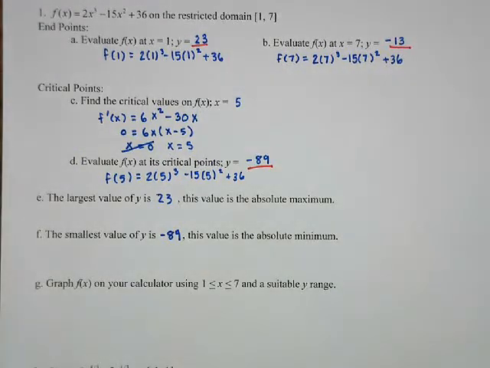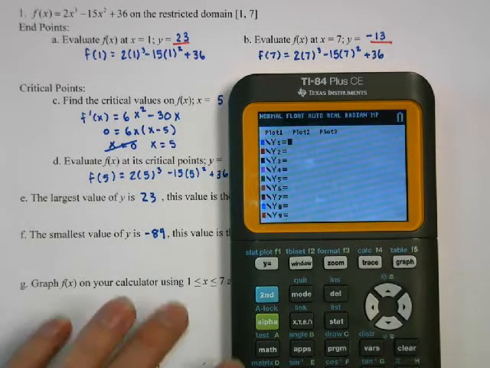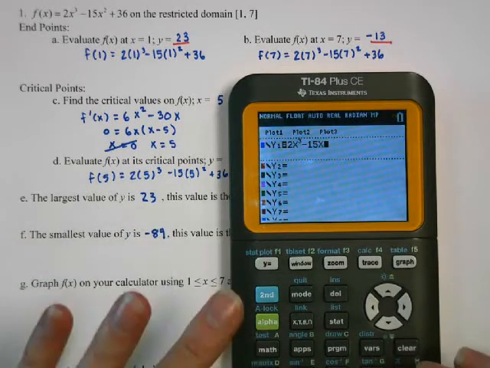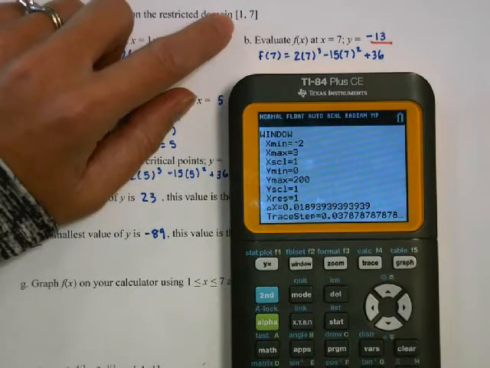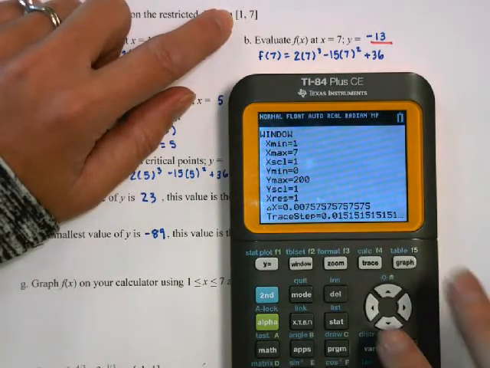Now we can graph it on the calculator to confirm this. So we'll plug the function in: 2x cubed minus 15x squared plus 36. For our window, my x's we want from 1 to 7.